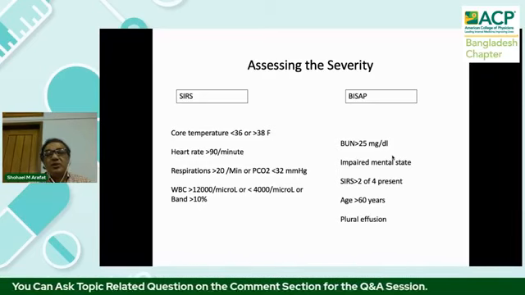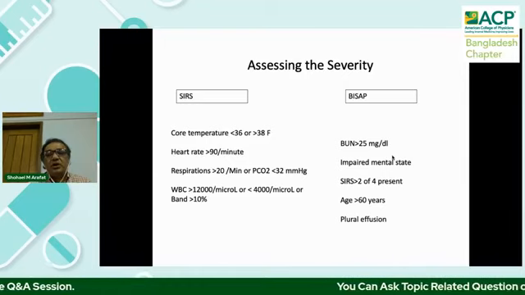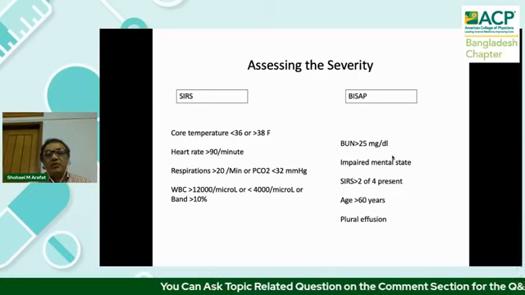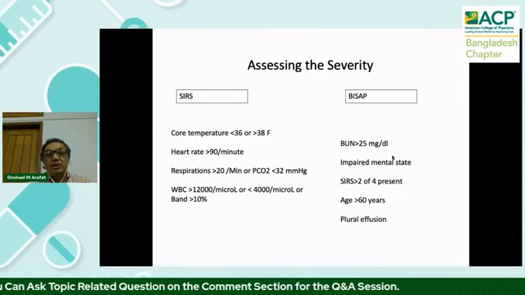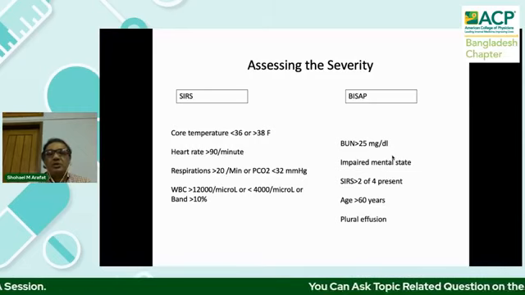As well as the BISAP score, the bedside index of severity in acute pancreatitis: blood urea nitrogen, impaired mental status, SIRS, age, and pleural effusion. It is a severity assessment tool that is very simple. We can make a quick assessment of the severity of the patients by these two simple scores.